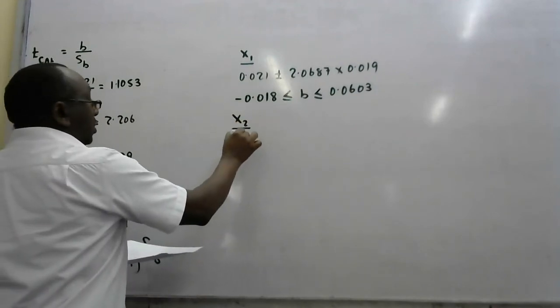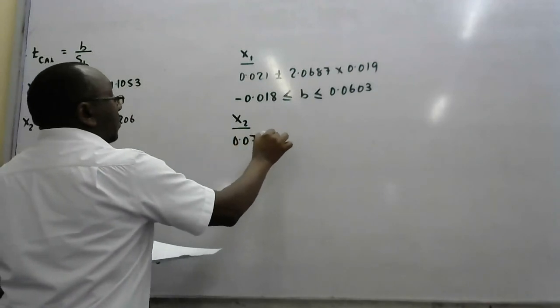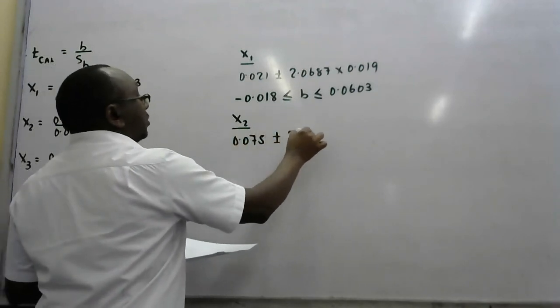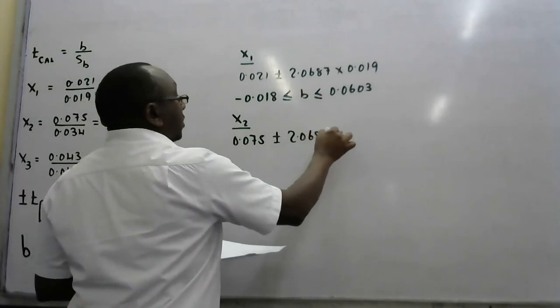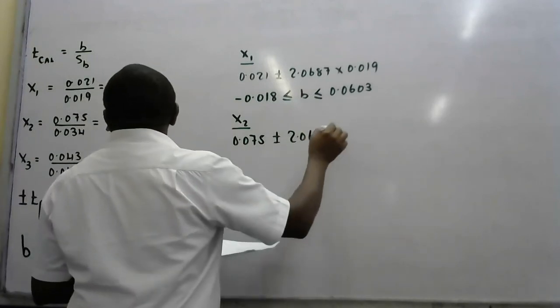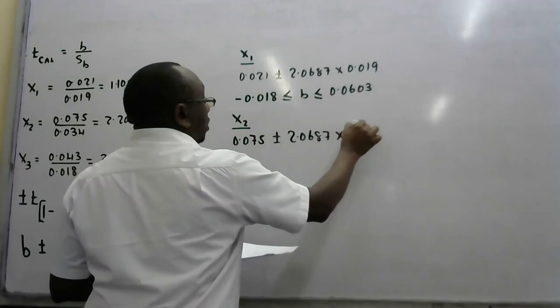We go to X2. X2 is 0.075 plus or minus 2.0687 times the standard error, 0.034.